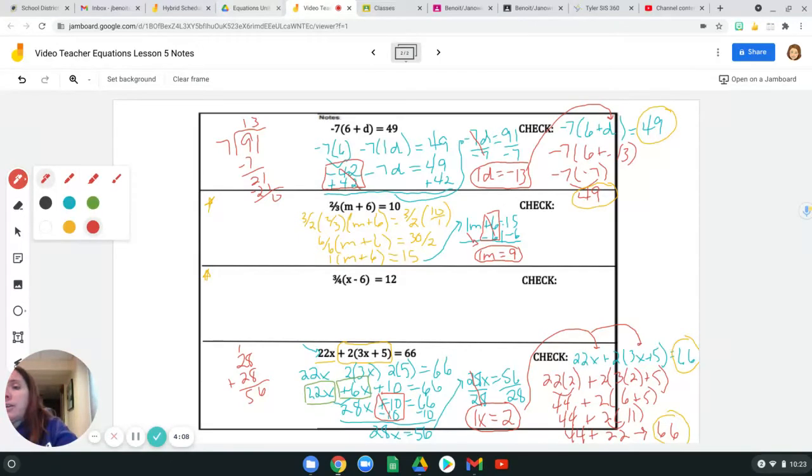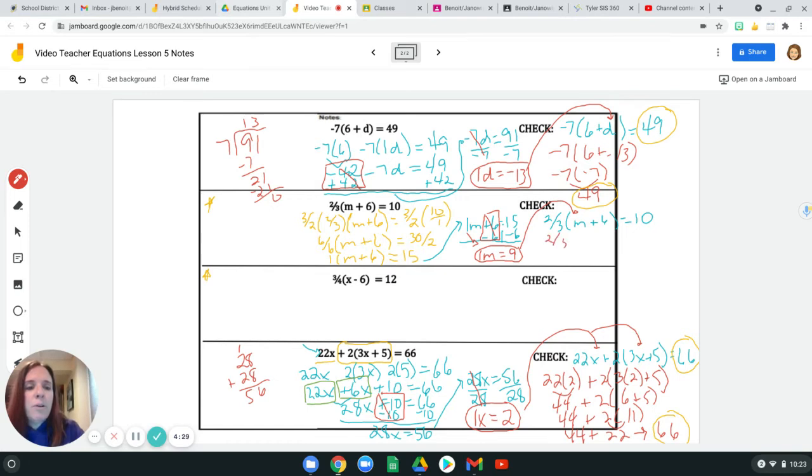Let's give that a check here. So when we check, our rational coefficient is back into play. That's okay. We know how to work with rationals. Remember, we do not discriminate. We're going to take that 9 and substitute it where the m is. So we have 2/3 times the quantity 9 plus 6.